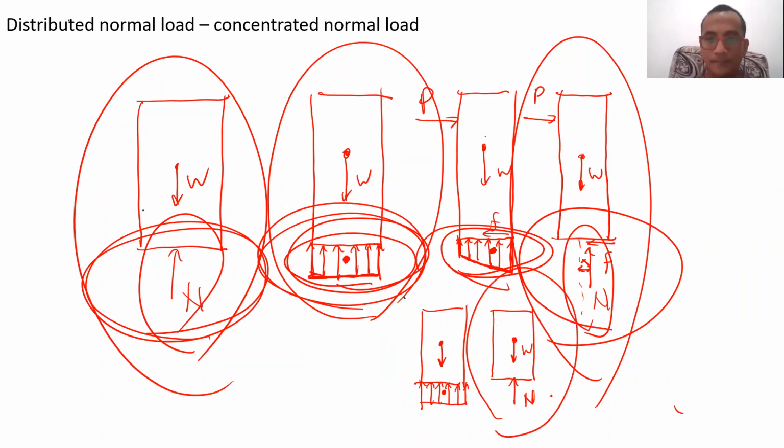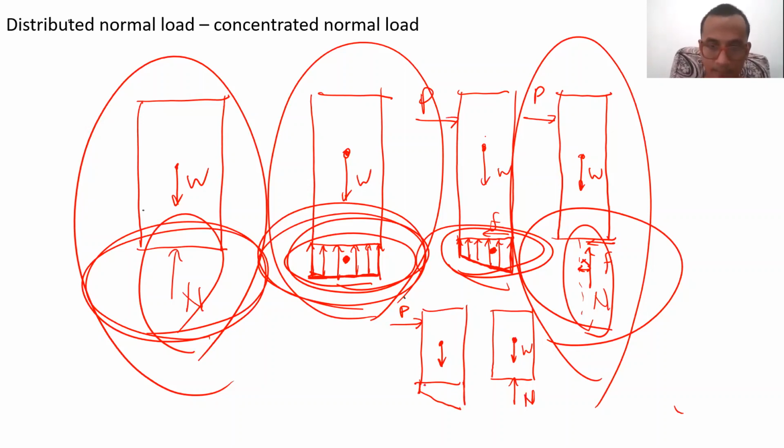Okay, then if we put a disturbing force, a pushing force like this, what is really happening there? The distributed force will not be constant anymore. Most likely it will be like this.